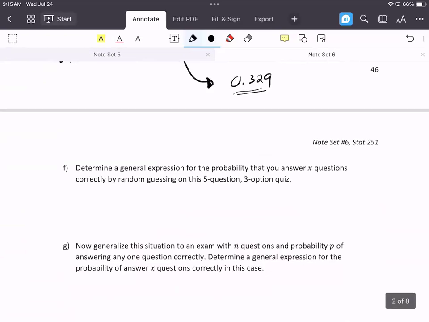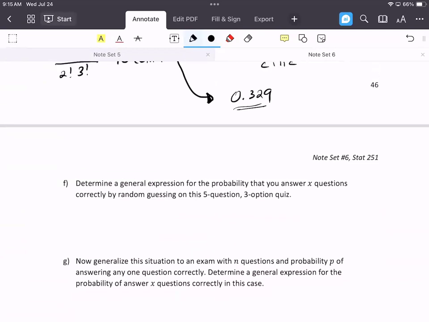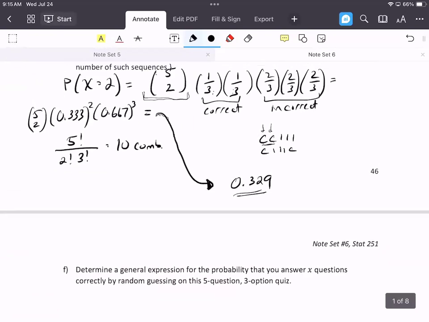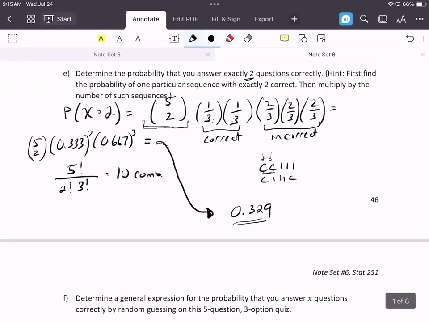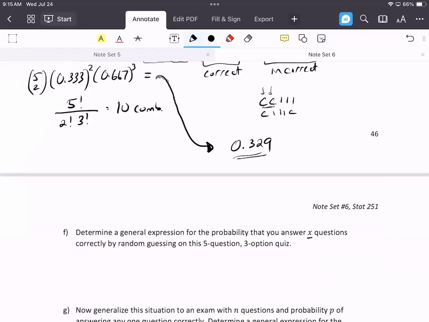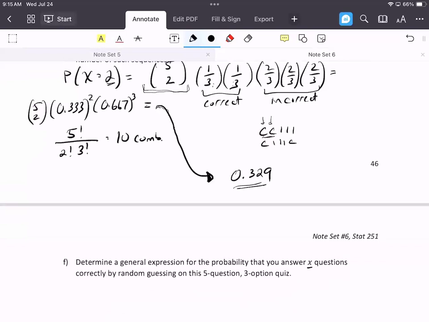Now, what if I wanted to determine a general expression for the probability that you answer X number of questions correctly by randomly guessing on this 5-question, 3-option quiz? Right now, we're looking at exactly 2 here, but what if we want to change the 2 to some unknown number X? Can we use what we have? Sure.